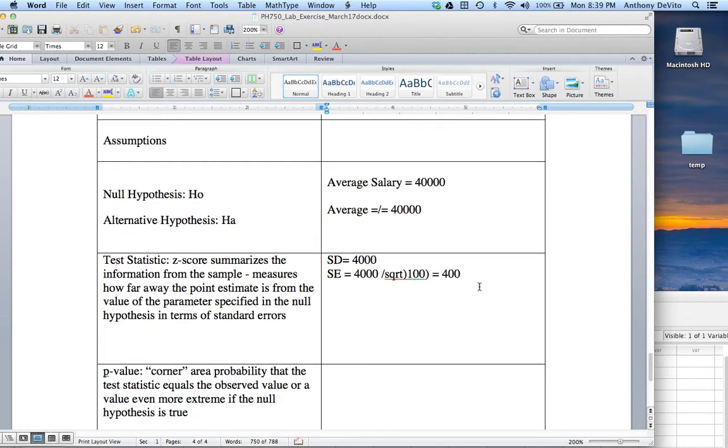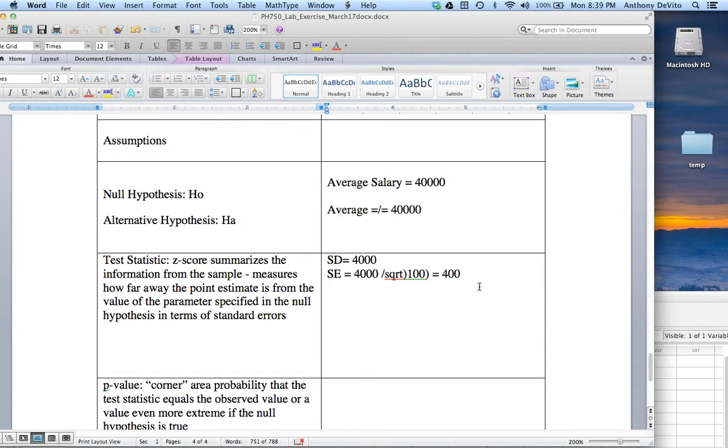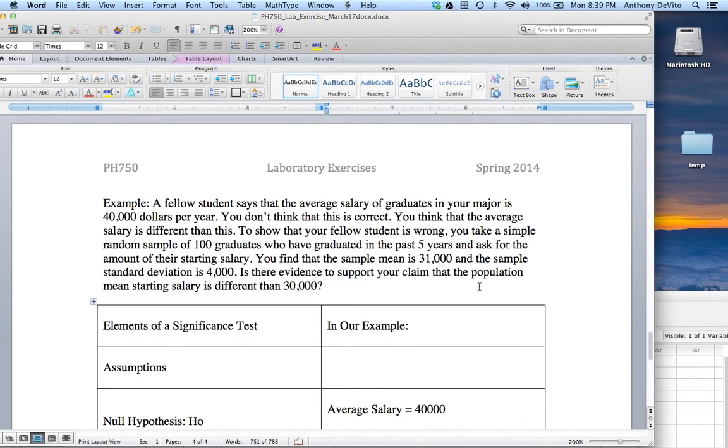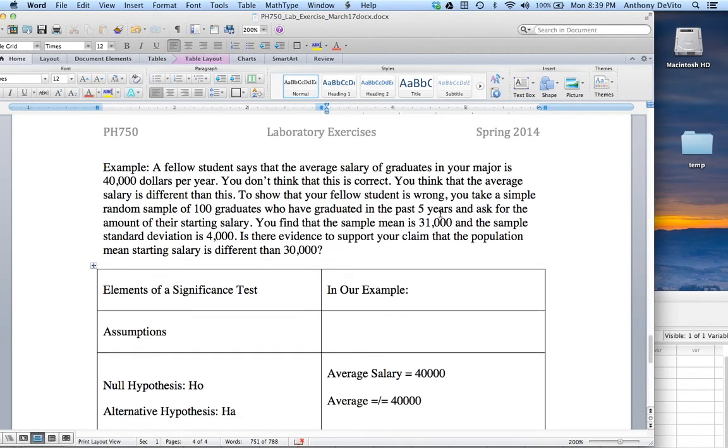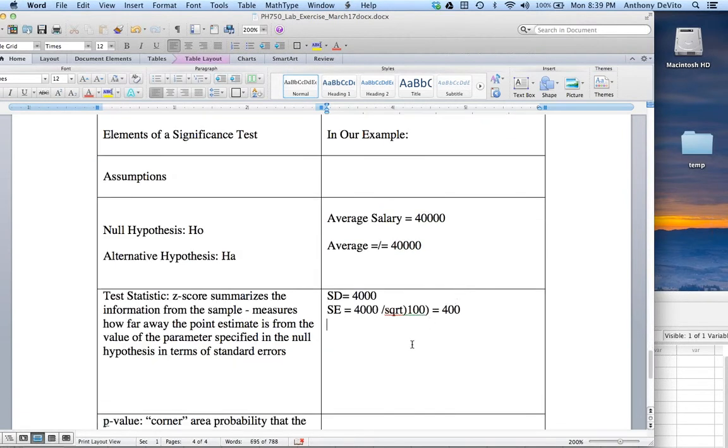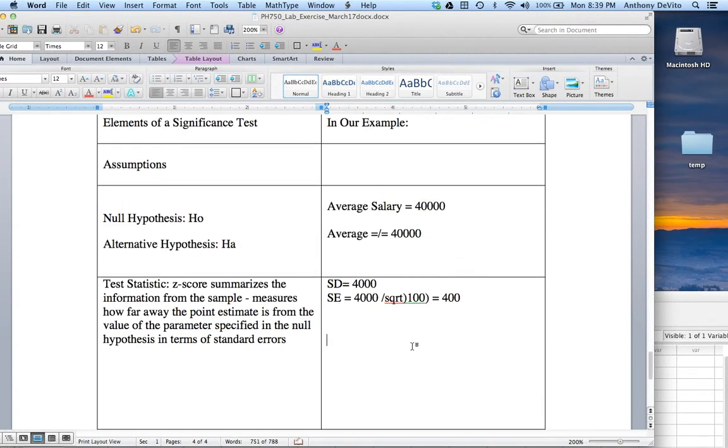Now there's a couple of ways I could take a look at this. One way is to calculate a 95% confidence interval for my sample. My sample mean was 31,000, right? So my confidence interval is going to be equal to 31,000 plus or minus, what am I going to use here for my z-score or my t-score?